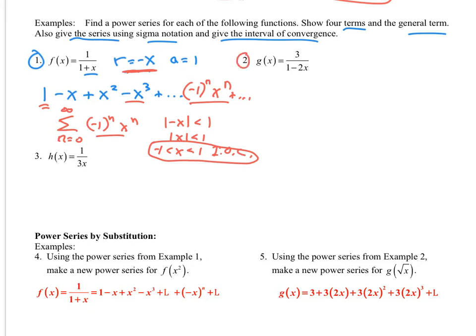So how about number 2? Let's try this one. Identify r and identify a. Why don't you try that yourself? If you got r equal to 2x and a equal to 3, then you're correct. So g of x, I should have called the previous one f of x, also can be written as an infinite series, a geometric series, with the first term being 3, and then what do I multiply by?